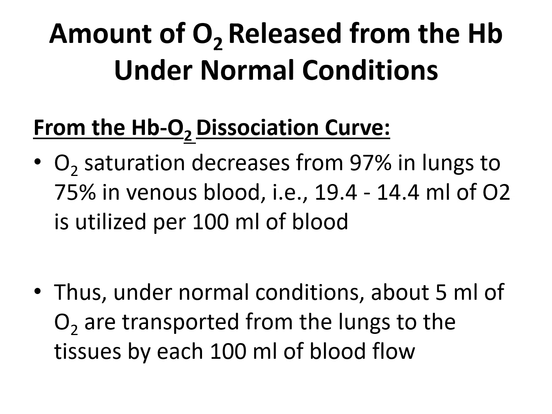So if you go back to the oxygen dissociation curve, we said the oxygen saturation decreases from around 97% in the lungs to around 70-75% in the venous blood. If you calculate how much oxygen is being released, it turns out to be around 5 milliliters of oxygen per 100 milliliters of blood.